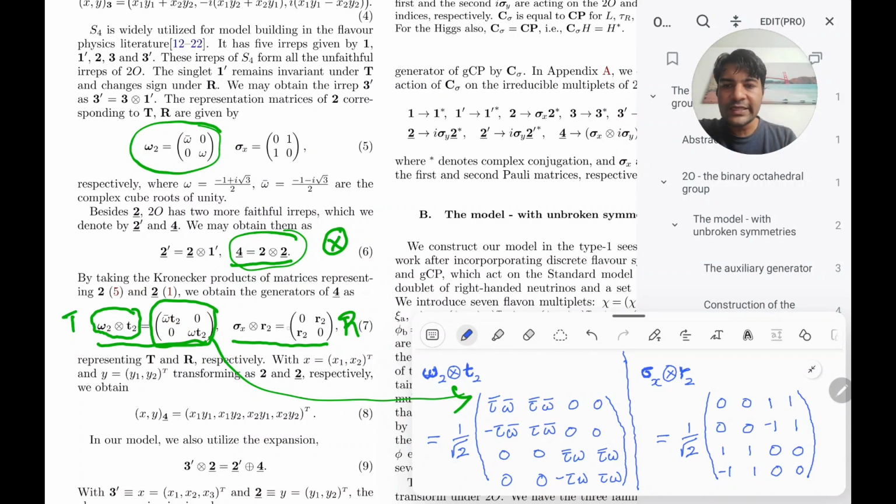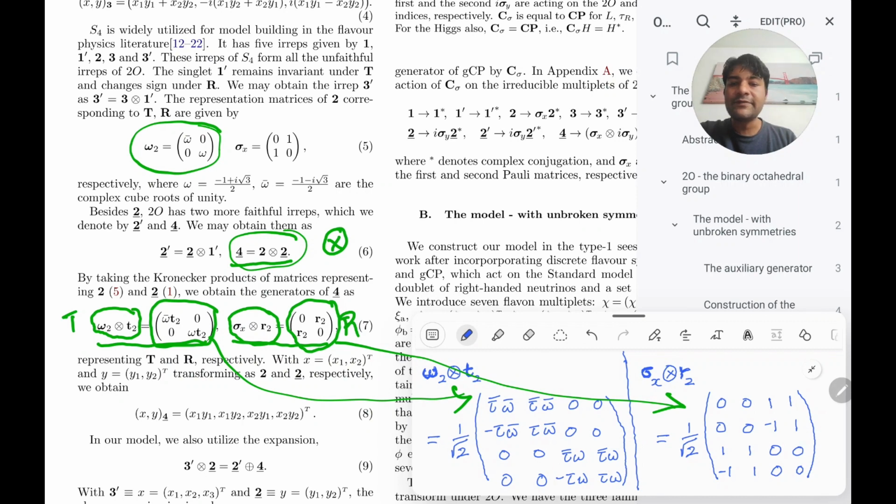Similarly, the second generator is obtained by taking the Kronecker product of the Pauli matrix and bold R2. Bold R2 is the generator of 2O defined previously, and we have the 4 by 4 matrix whose full expansion is given here. I use Kronecker products at several places in this paper.